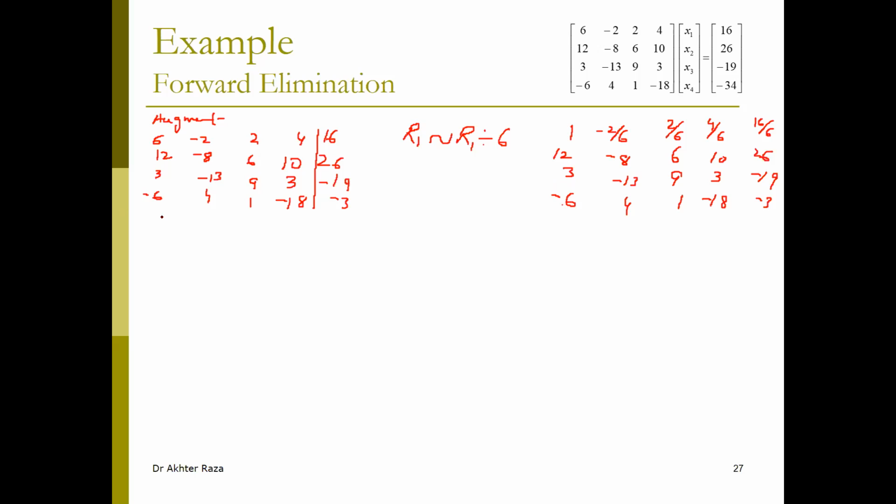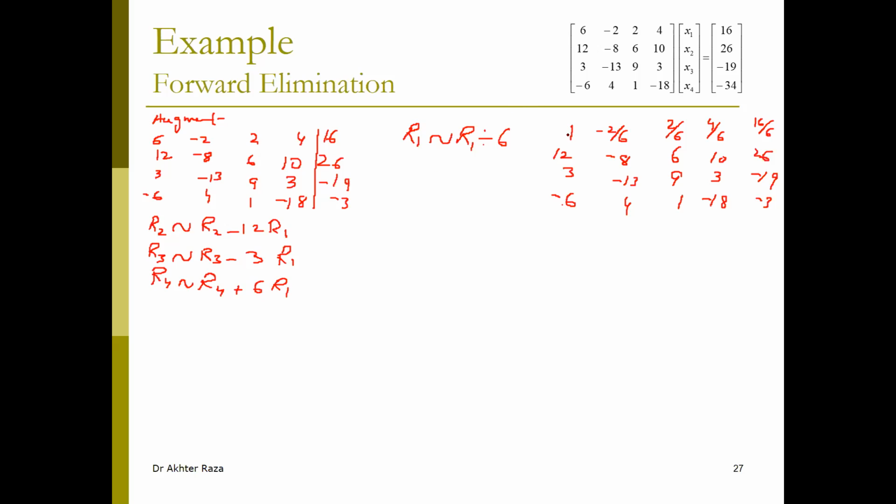The 3 row operations required are R2 minus 12 R1, then R3 minus 3 R1, and the next one will be R4 plus 6 R1.